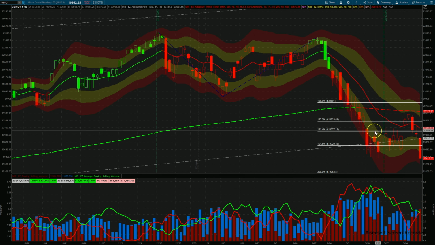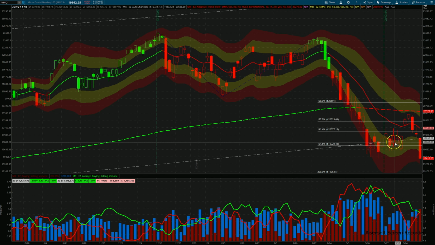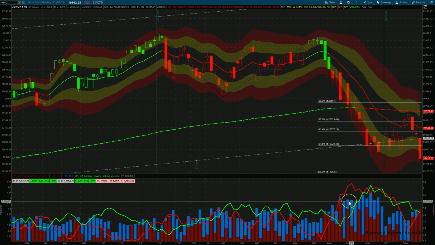So even if I took away the price action, maybe I'll do work on that for the next video. Take away the price action here and just advance one candle at a time. I'd basically be able to show you that that's the interaction that's going on between volume and price.